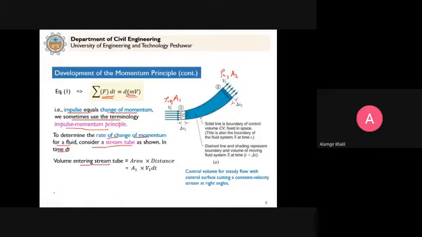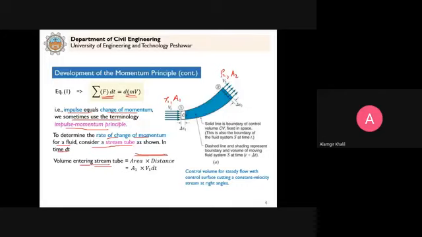So if we consider these parameters here, now we can easily calculate how much volume is entering the stream tube here. This will simply be equal to area into distance.